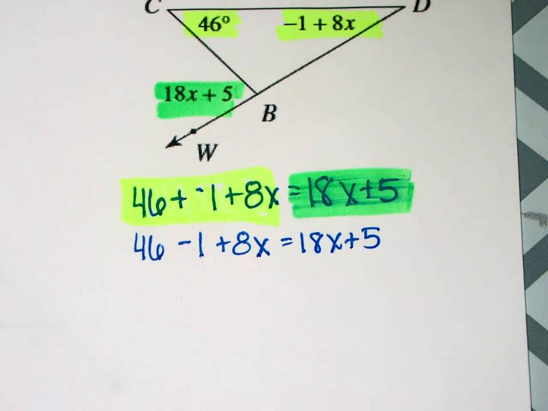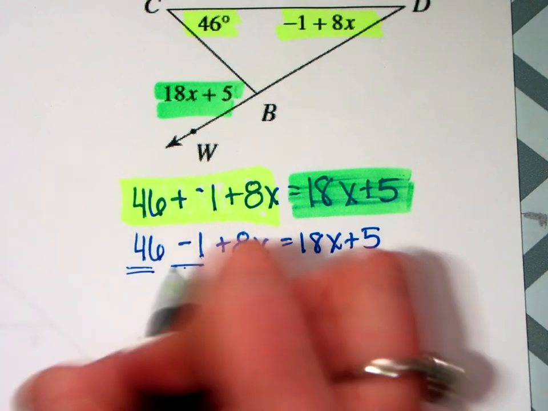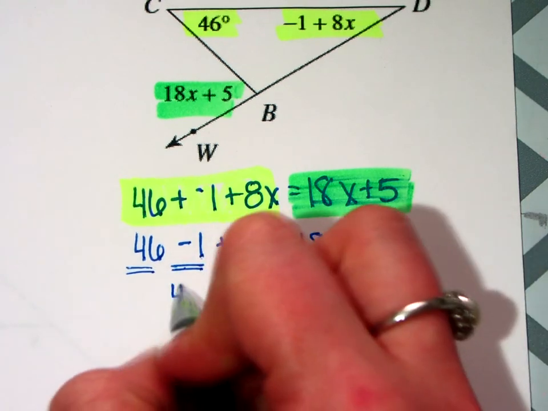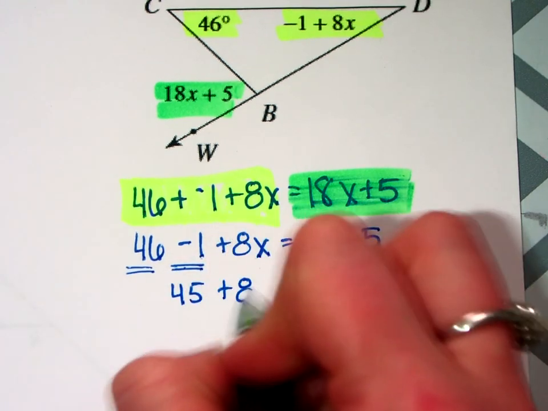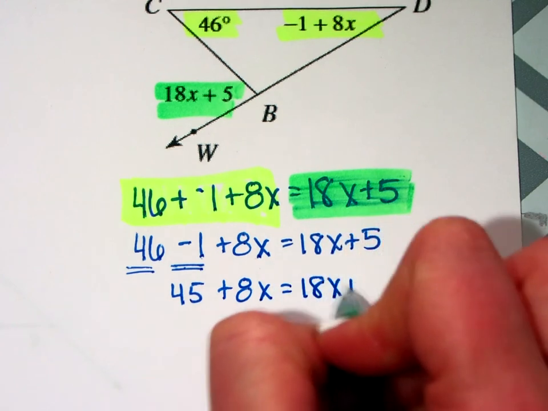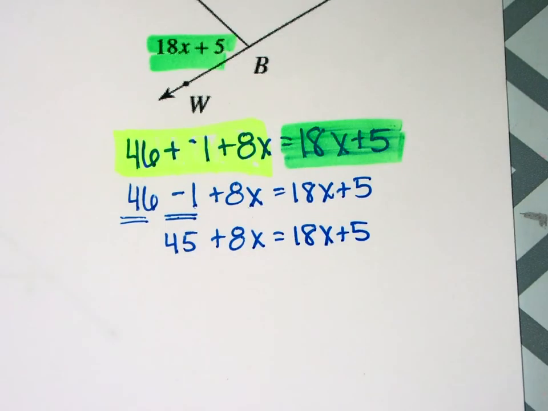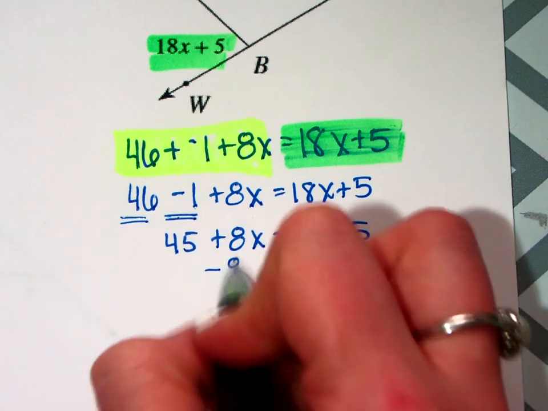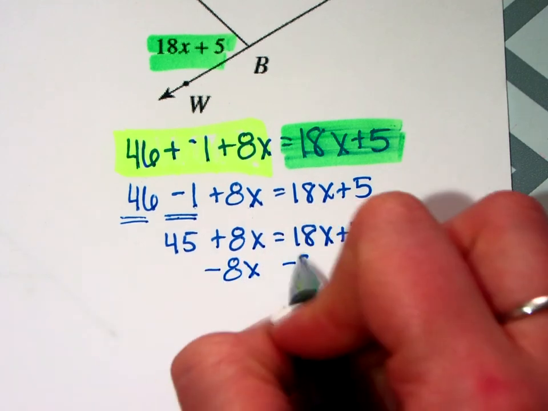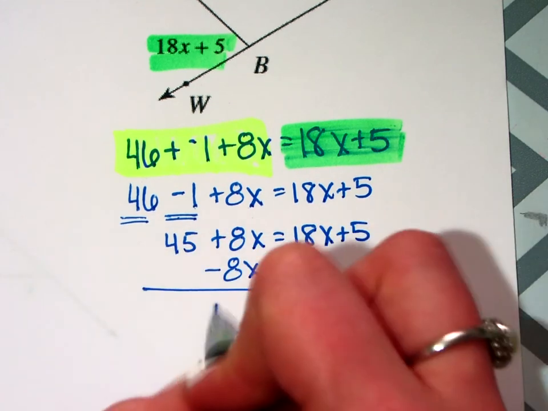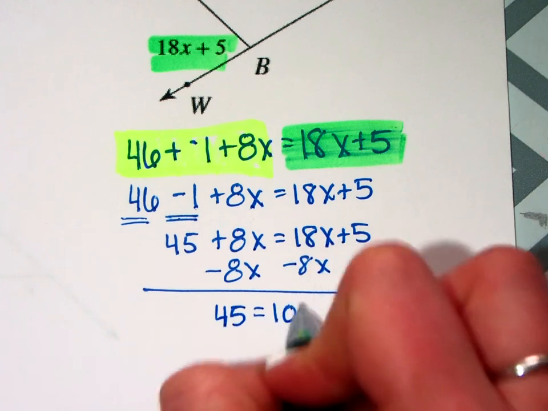So when I'm combining like terms, 46 minus 1 is 45. I'm going to bring down all of my other stuff. Then it's up to you what you want to do. I like to get my x's together, so I'm going to move the smaller x, 8x, and subtract it over to the other side. So 45 equals 10x plus 5.